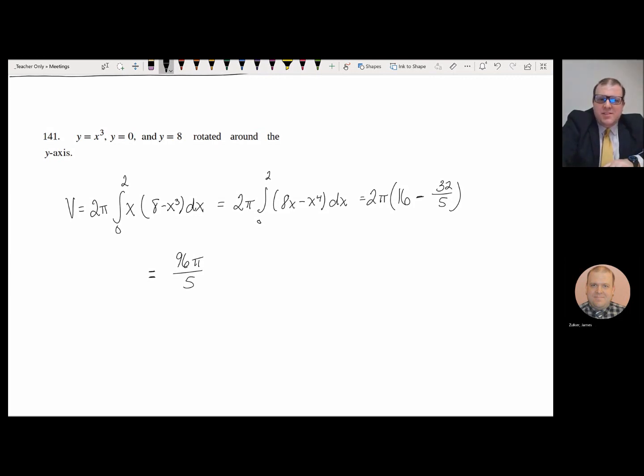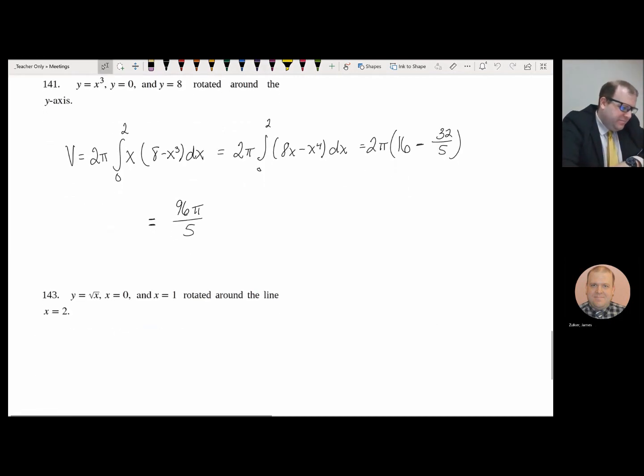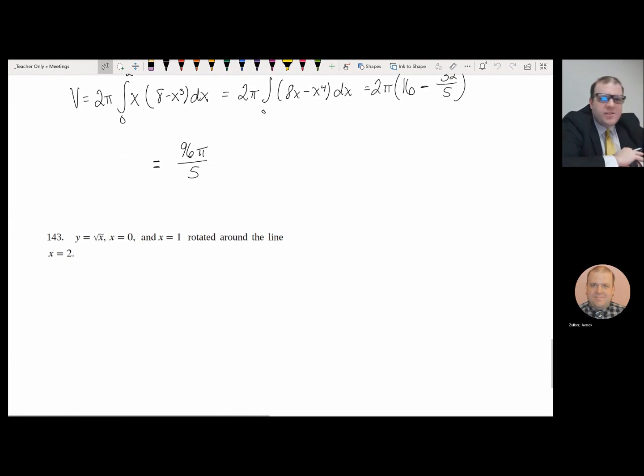I think I may need to plot this one. Region's going to be bounded by square root of x, x equals 0 and x equals 1. We're rotating about the line x equals 2.